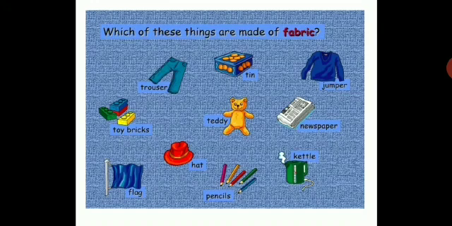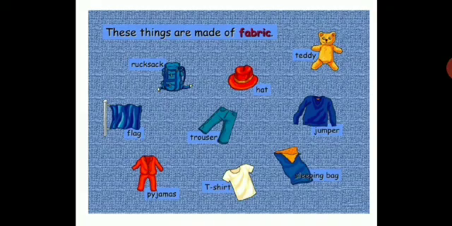You can pick common objects made of the same materials. These things are made of fabric: rucksack, hat, teddy, jumper, sleeping bag, t-shirt, pajamas, flag, and all these are made of fabric.